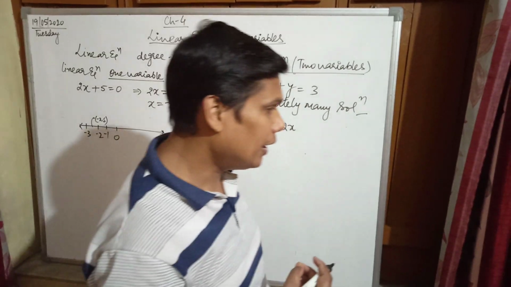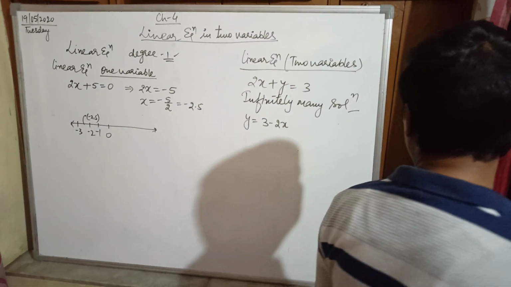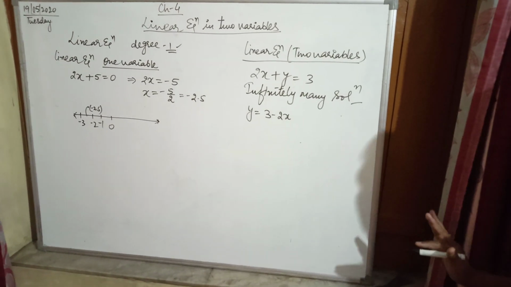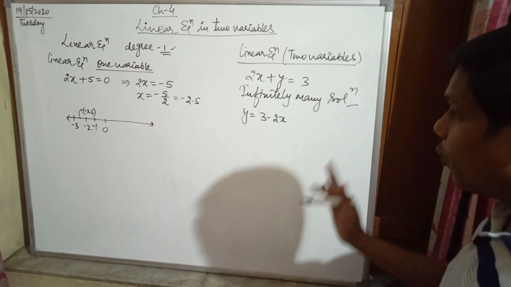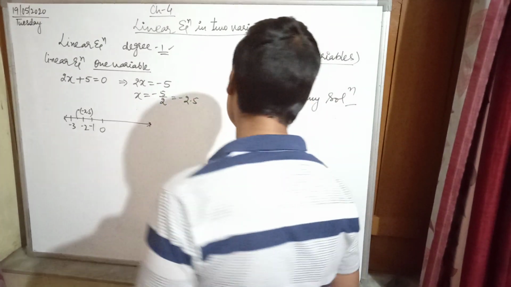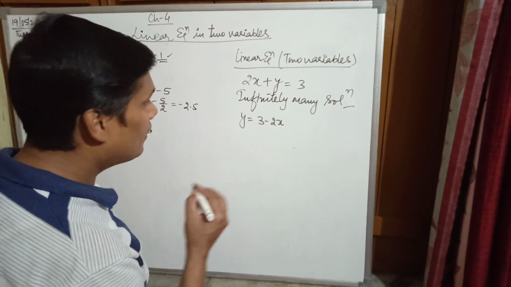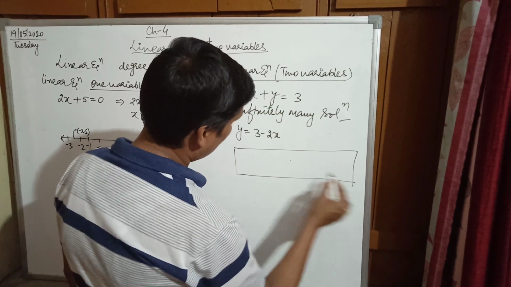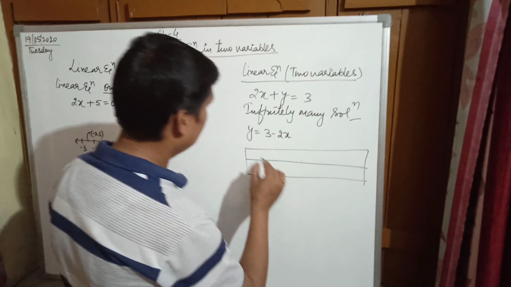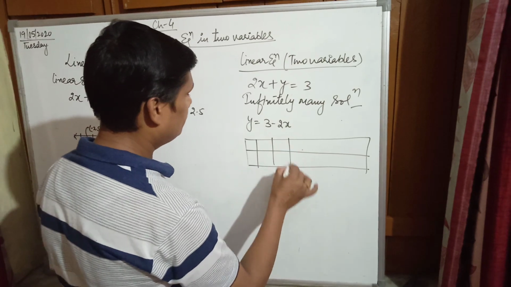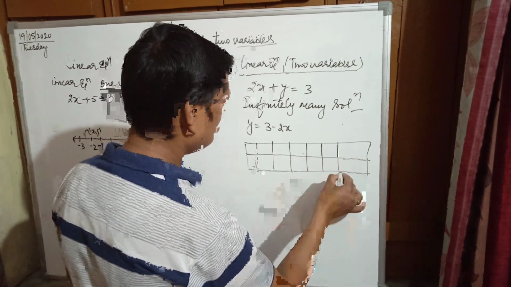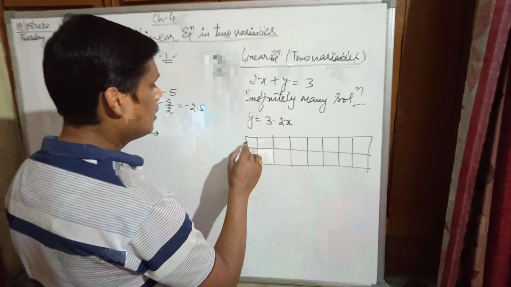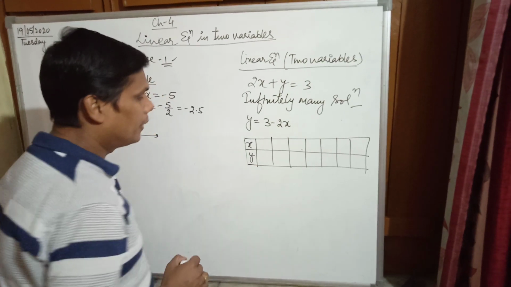We can take any number, any integer, any value of x, and then we will get the value of y. Suppose firstly I draw a table. Suppose this is x and this is y.